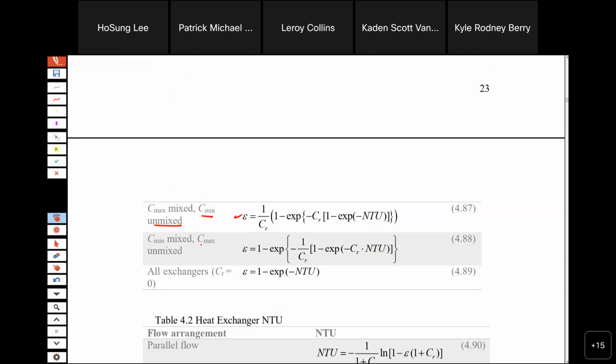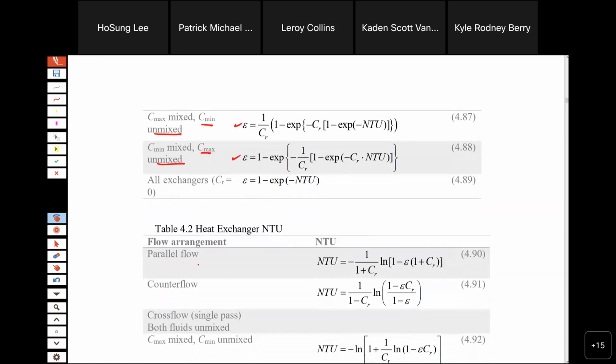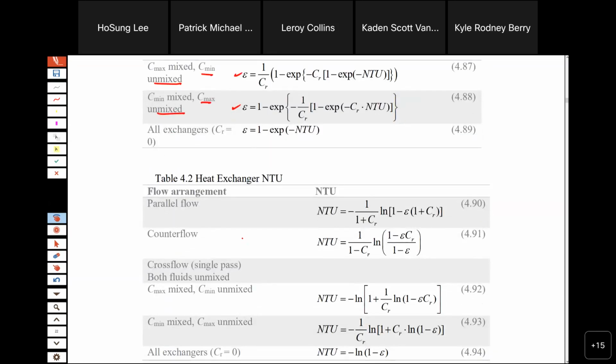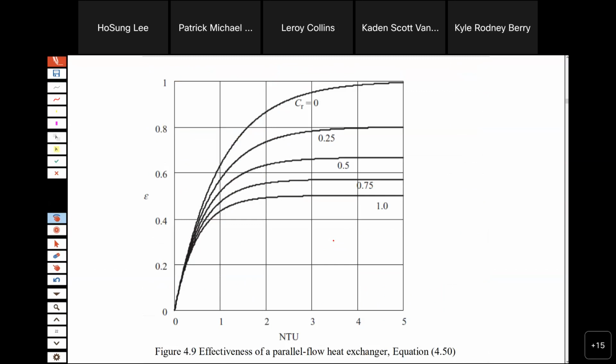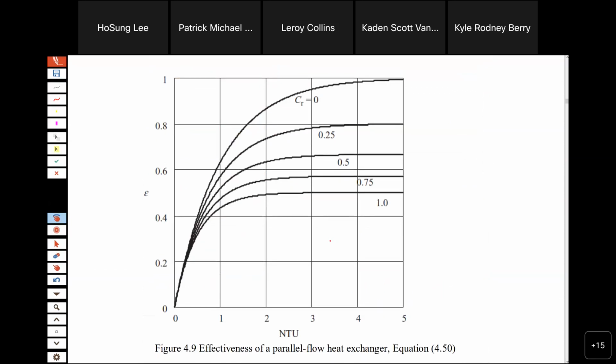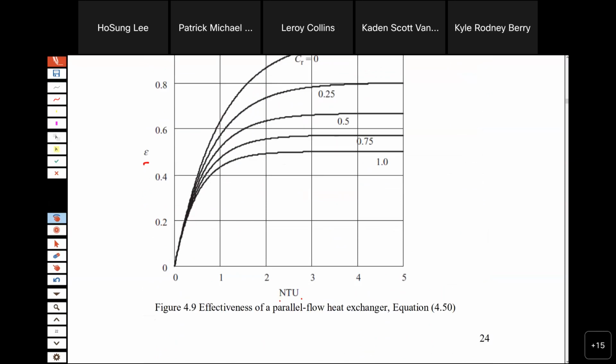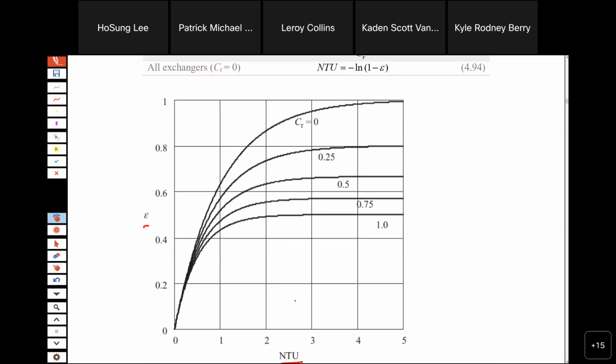If C-max is unmixed, use these. Something like that. Okay. This is actually the inverse. So when we look at effectiveness versus NTU for parallel flow, this is a parallel flow.